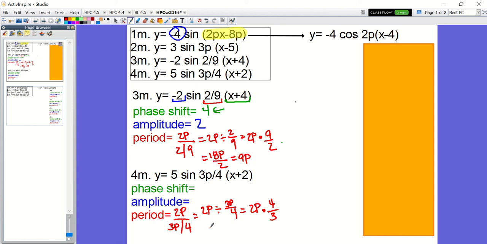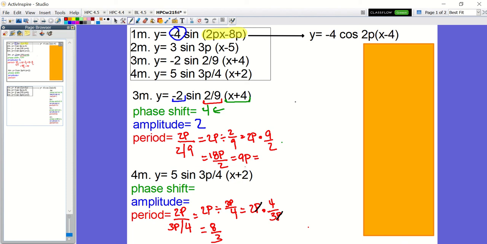And this would equal, the pi's would cancel, and you will be left with 8 over 3. That is your period. So it will take 8 over 3 radians for the graph to repeat itself. Here it would take 9 pi radians for the graph to repeat itself.